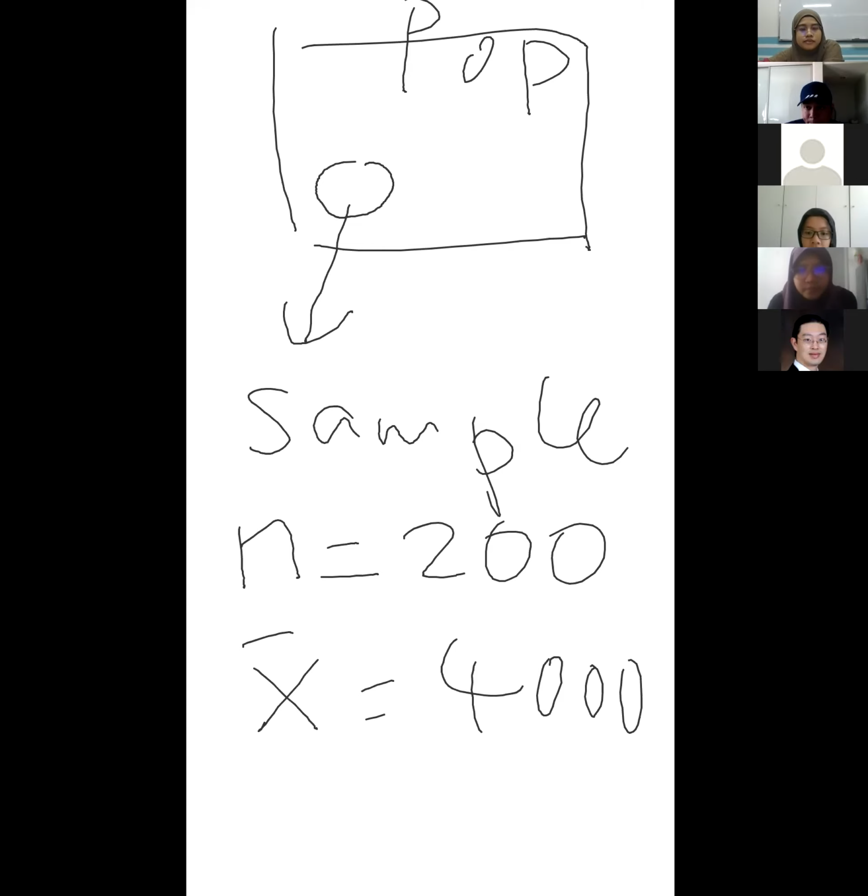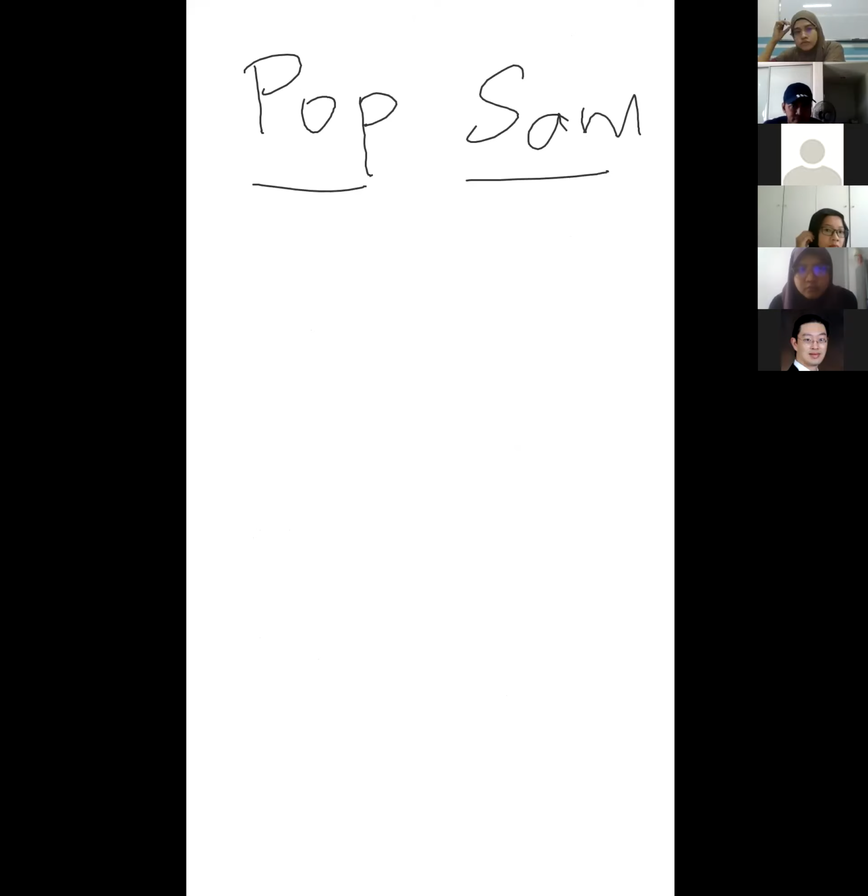So let's go back one step. Let me define what a population and what a sample are, the two terms we use. For the size, the population uses capital N, and the sample uses a small n.